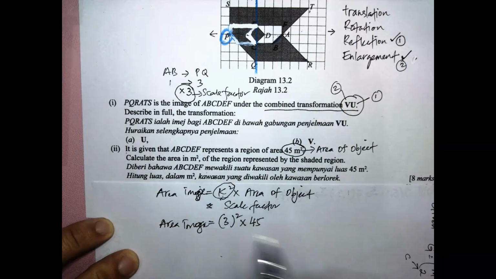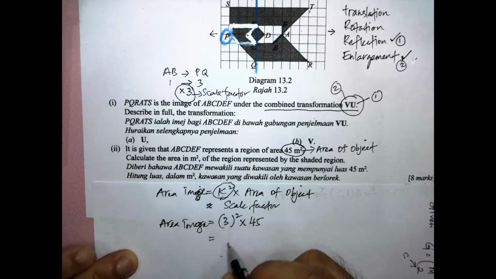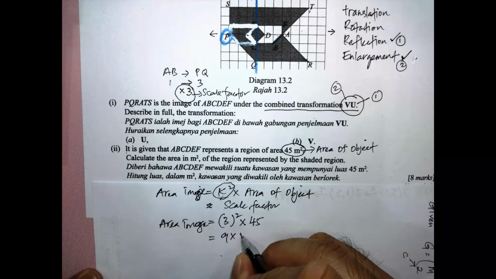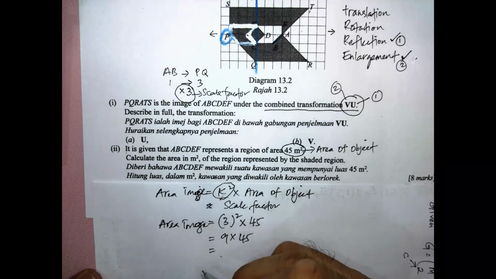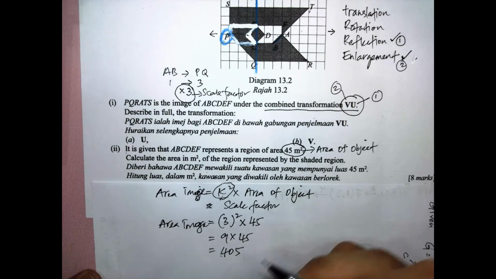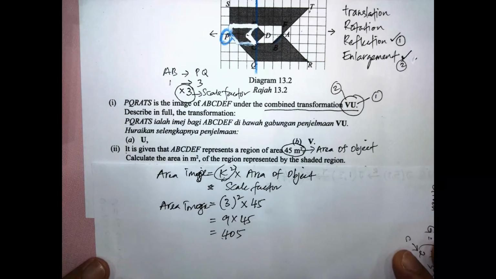So now we look for the area of image first, so we do the calculation, 9 times 45 is 405.